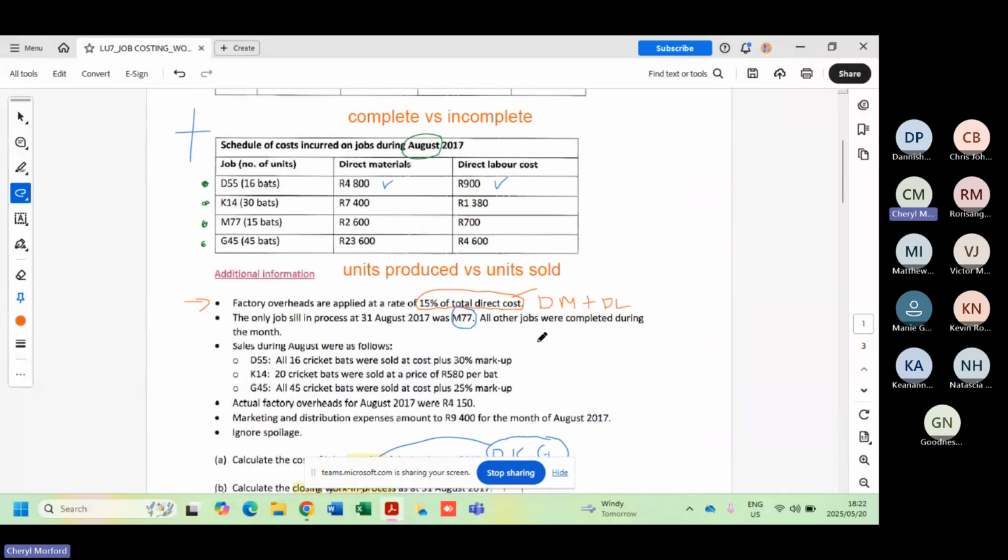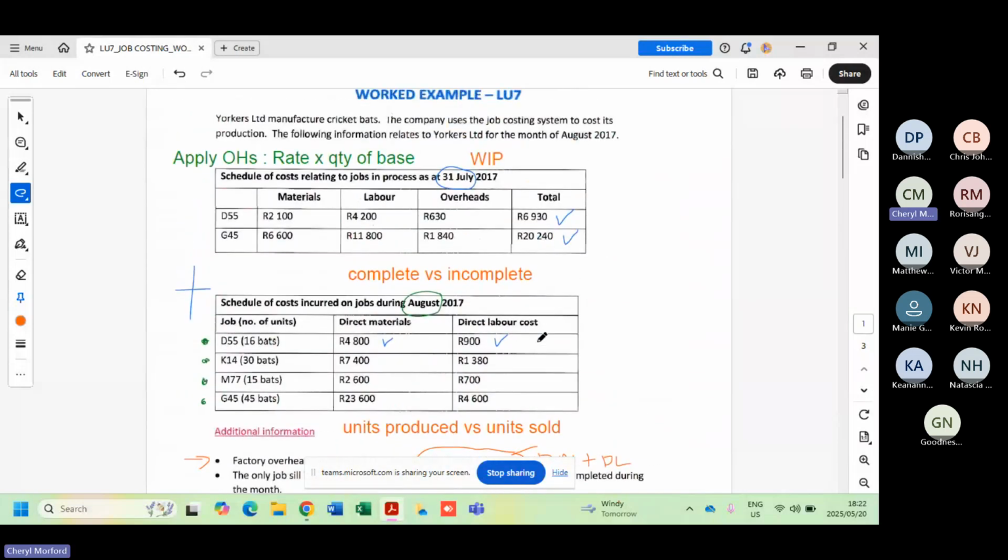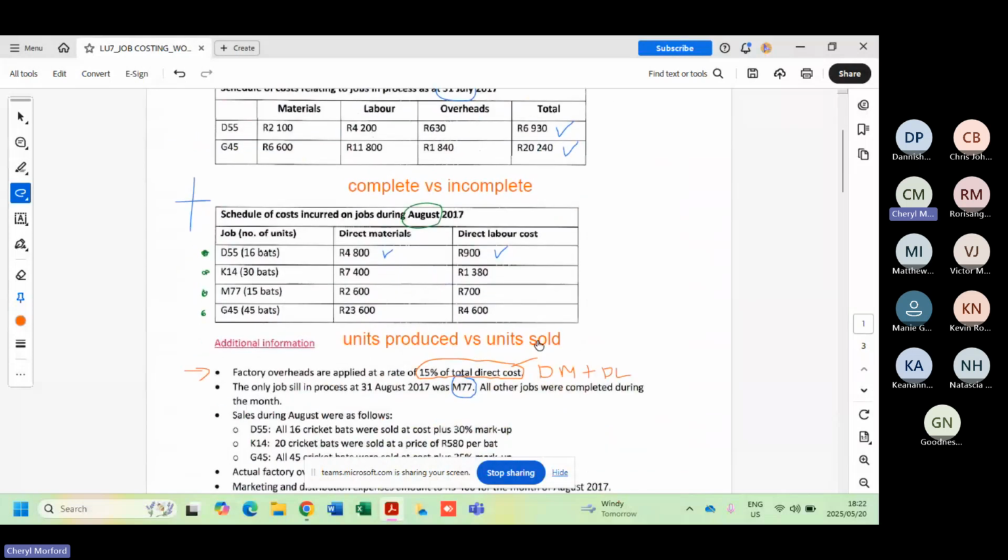So let us have a look. M did not have any opening work in process, so we don't do that. We're going to look at the costs for M, which are here. Direct materials, 26. Direct labor, 700. Add them together, find 15%.